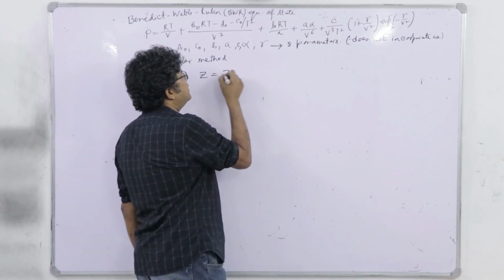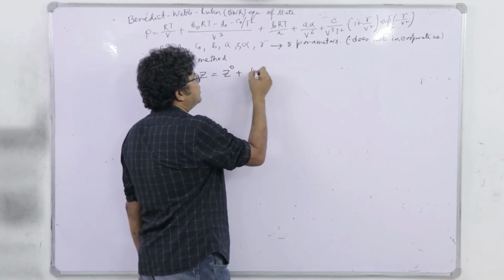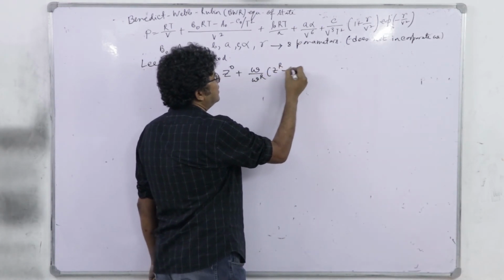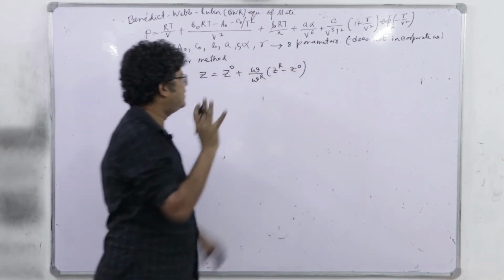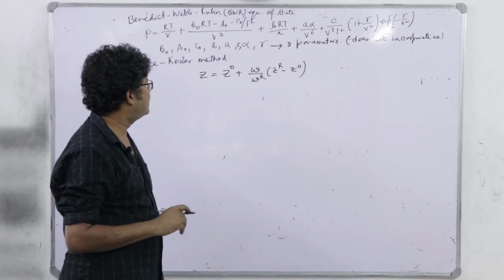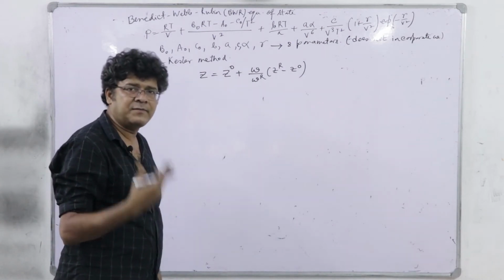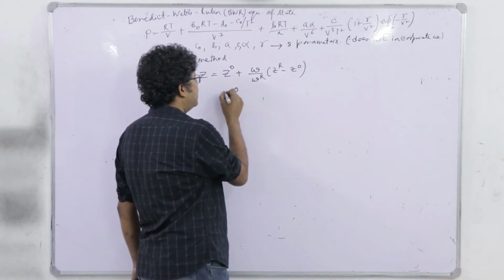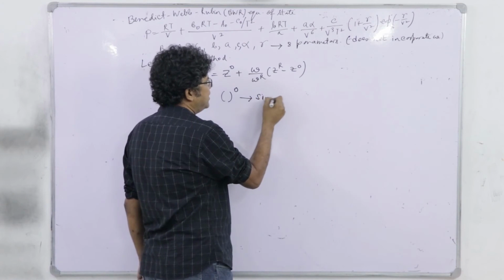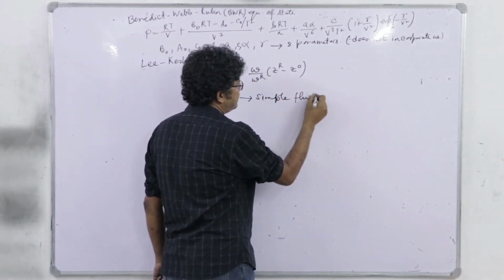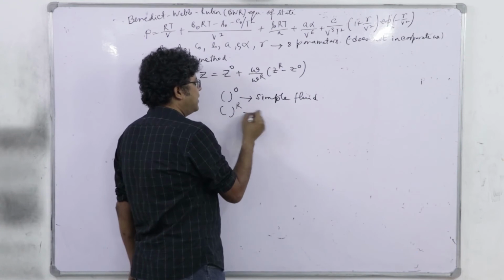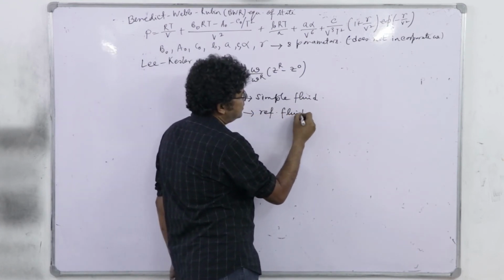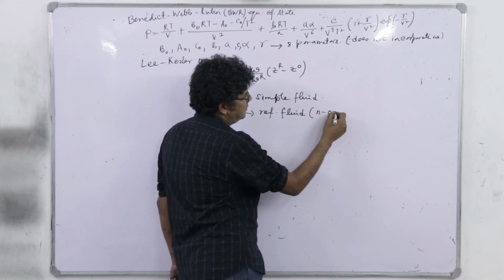So, they have stated that we have Z naught for a simple fluid, plus omega divided by omega r into Zr minus Z naught. This is strikingly novel. Z is a linear function of omega, and Z naught stands for the simple fluid property and r stands for the reference fluid. They considered a reference fluid property, and in their analysis it was n-octane.